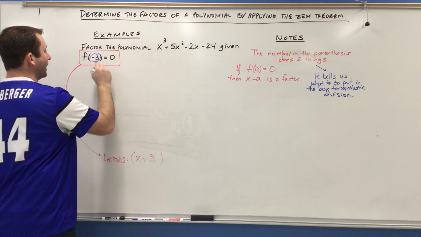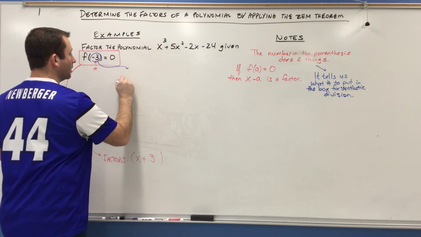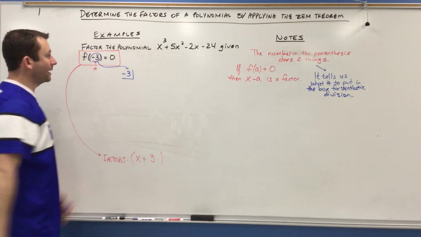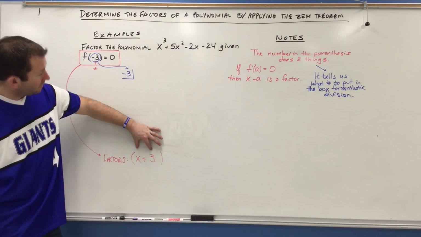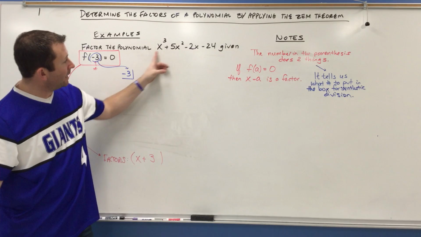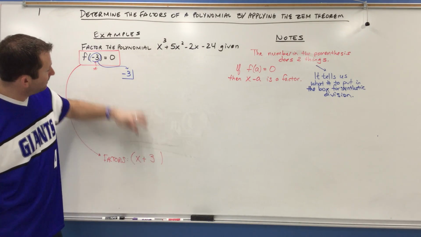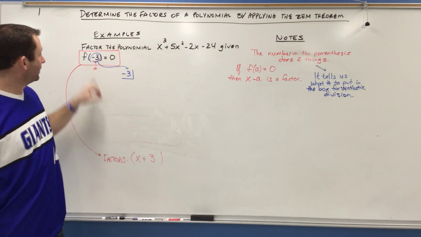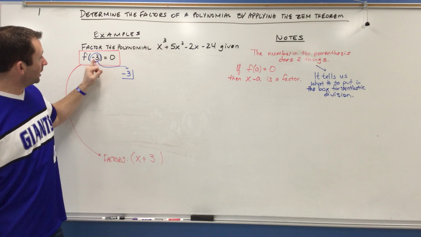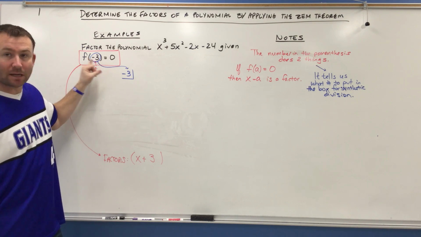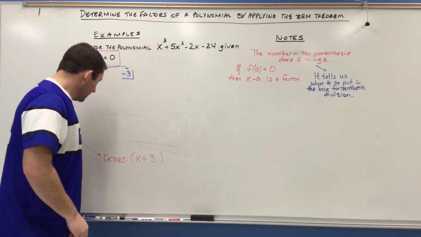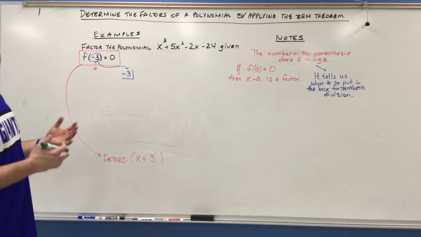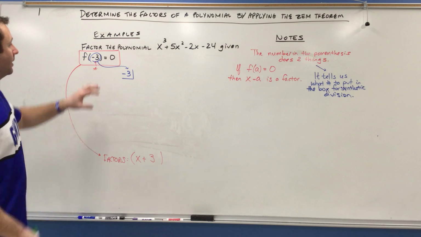So we're going to put that -3 in our box for our synthetic division. Okay, think about it. If our factor was x plus 3, or there was an x plus 3 on the bottom here, wouldn't we take the opposite of this, -3? Okay. If you're just looking in the parentheses, it's going to be the exact same as that number. All right? Cool.